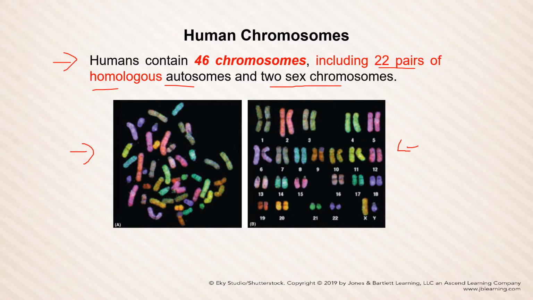In B, all of them are organized, and this is what you call a karyotype, when you organize mainly by length in the beginning. So this one will be much longer, while the 22 will be very small. And as I said before, chromosomes number 1 to 22 are all autosomes, and the only sex chromosomes are the X and Y chromosomes.